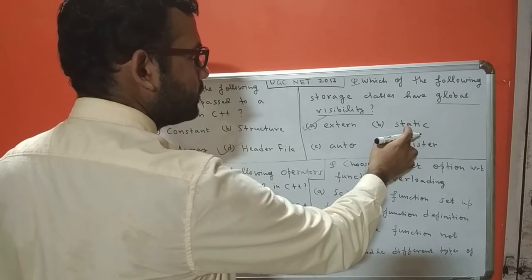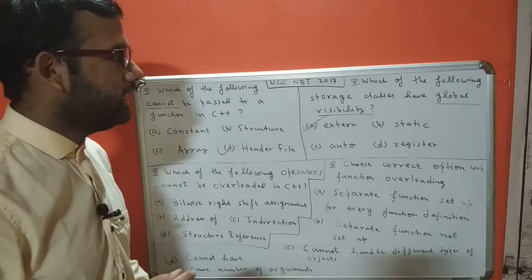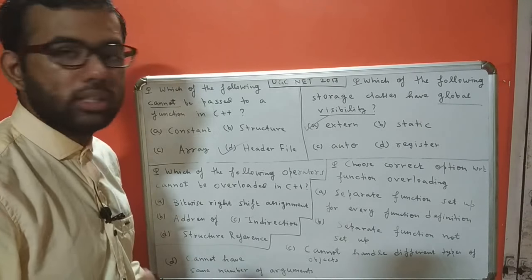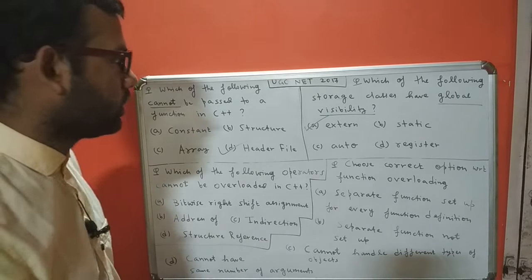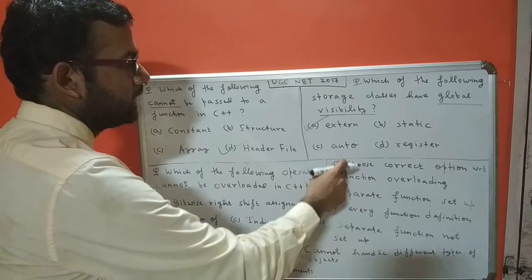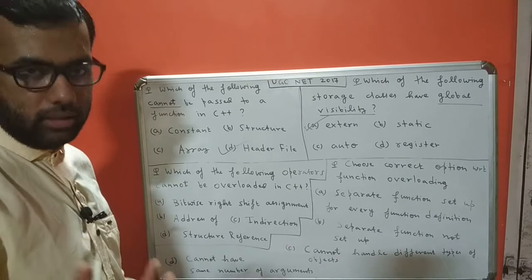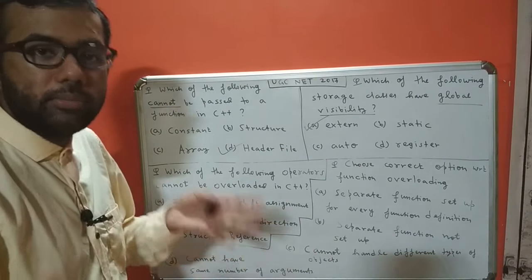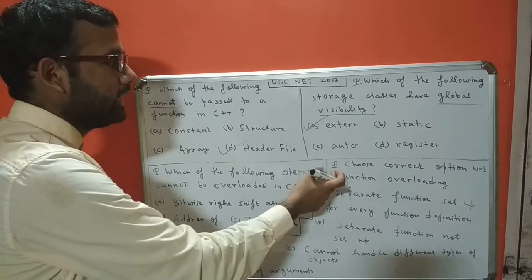Right? Now, I'll just touch upon the other options as well. Static variables will not have global visibility because static variables are generally defined locally. We have local static variables and they're used to retain values between function calls. What about auto? A variable with auto storage class comes into existence when the function in which it is declared is invoked.